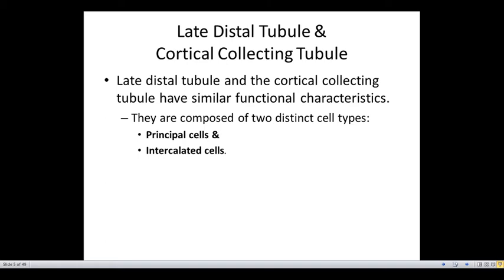The late distal tubule and the cortical collecting tubule have similar functional characteristics. They are composed of two distinct cell types. Number one, principal cells, and number two, intercalated cells.